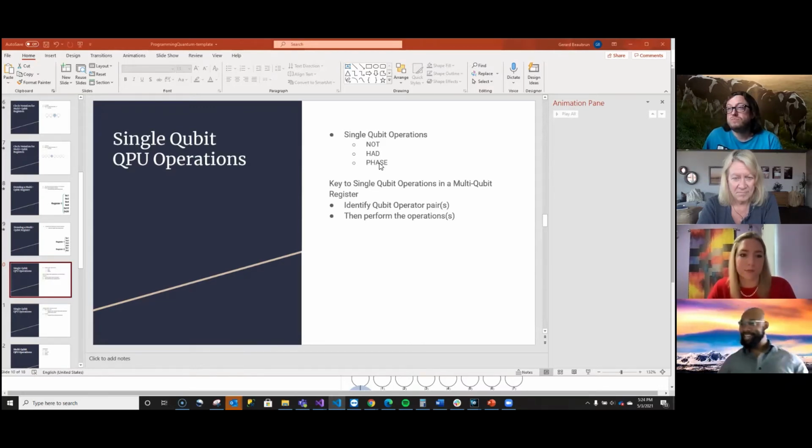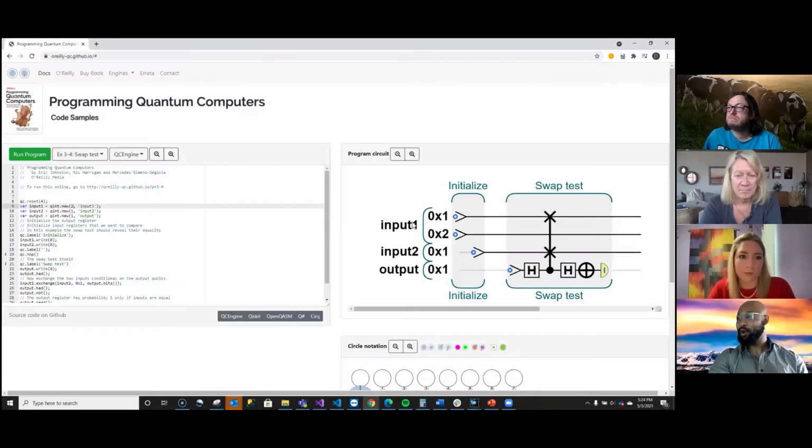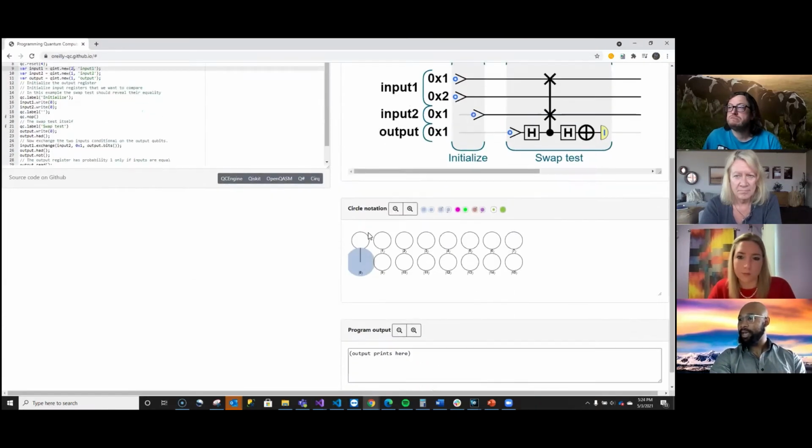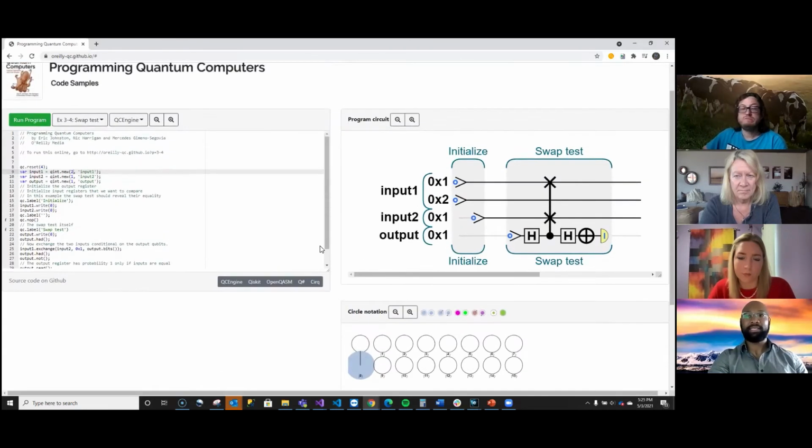The key to the single qubit operations in a qubit register, and I will visually express what it means, is to identify the qubit operator pairs, then to perform the operation. Keep that in mind, and we're going to go straight to the code and use the circuit and also the supplementation to actually see what that means.